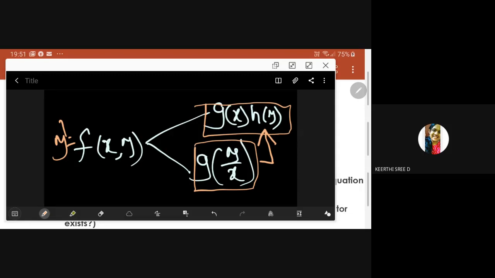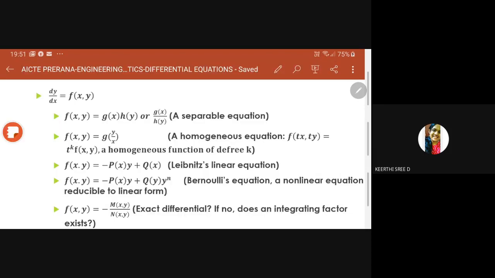So see here, f of x y is g of x into h of y or g of x by h of y. That's called a separable equation. And if f of x y is equal to g of y by x, and you view it like that, then the ordinary differential equation dy by dx is equal to f of x y is known as a homogeneous ordinary differential equation.